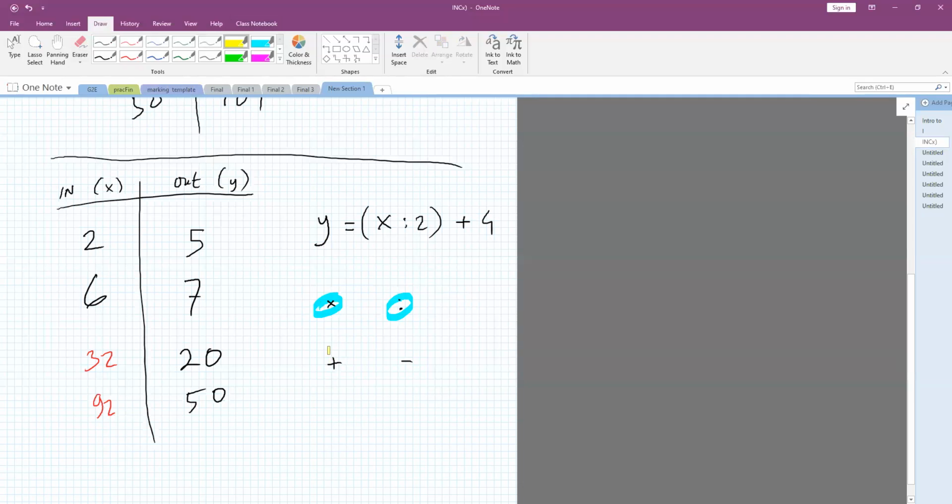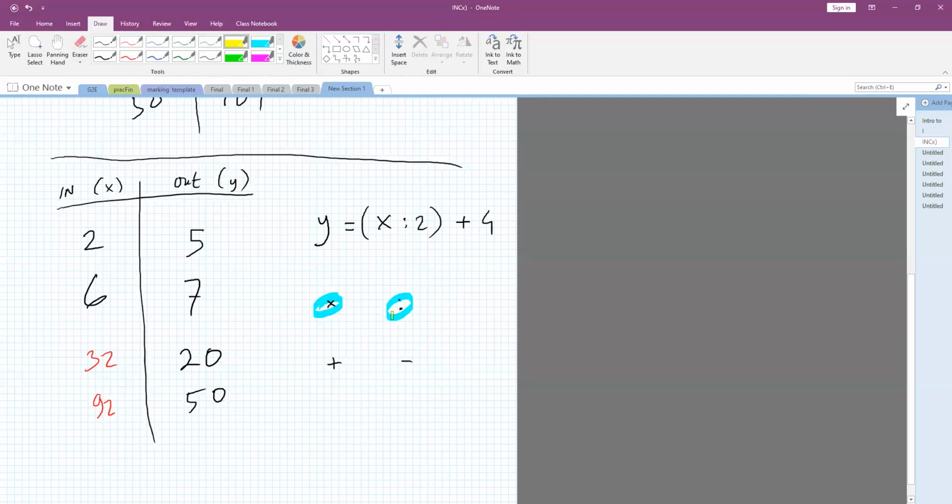Actually, what I want to say is, when you look at the operations in mathematics, you have multiplication, division, addition, subtraction.